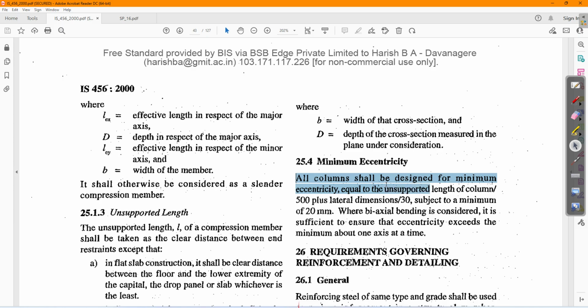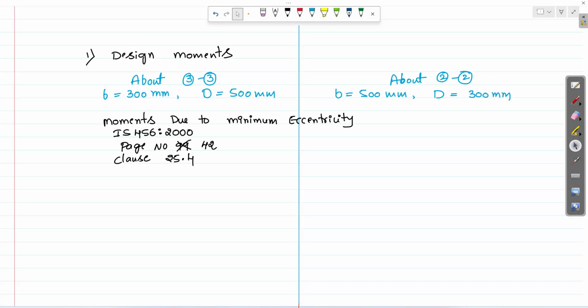All columns shall be designed for minimum eccentricity equal to the unsupported length of column divided by 500 plus lateral dimension divided by 30, subjected to a minimum of 20 mm. So, okay. So let me copy the formula.